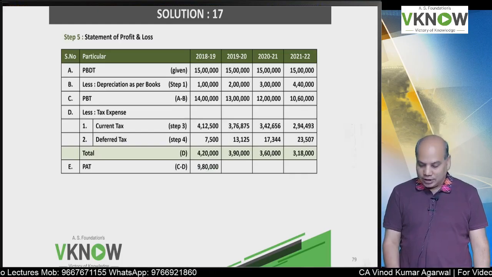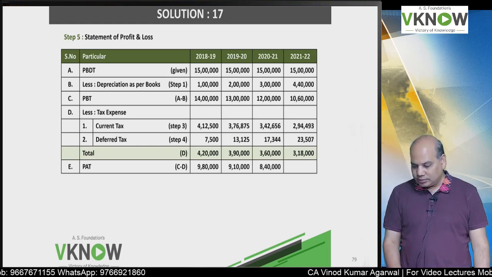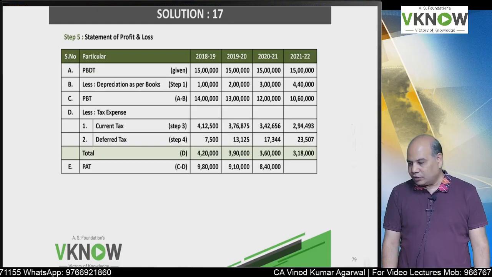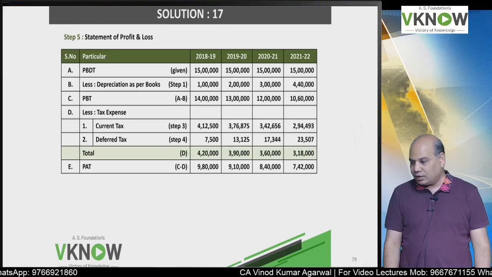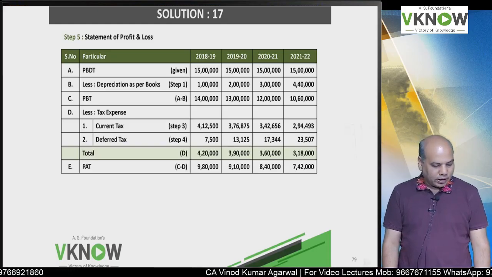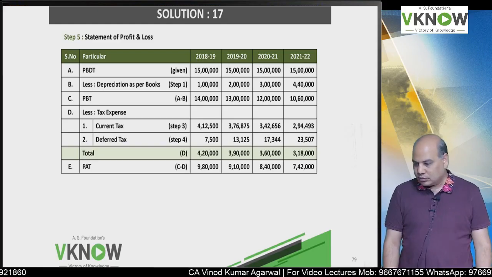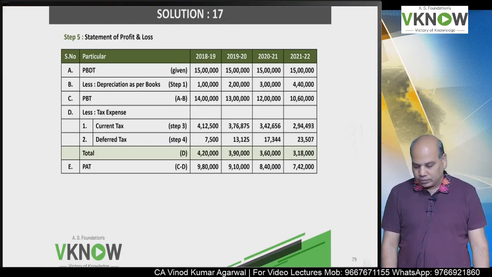That is 9,80,000. Correct? 9,10,000. Is it right? 8,40,000 and 7,42,000. So this is the statement of profit and loss.